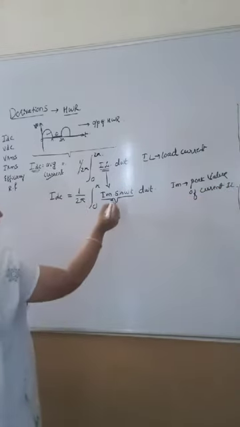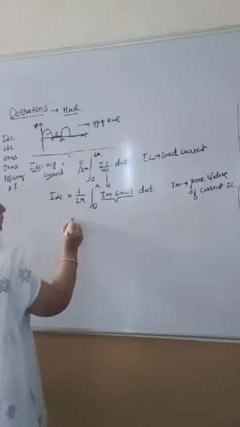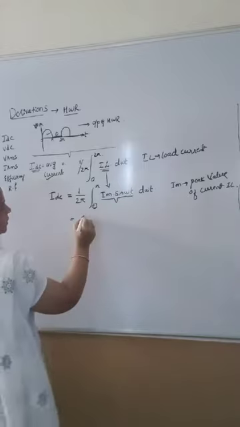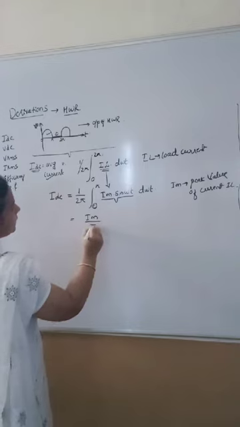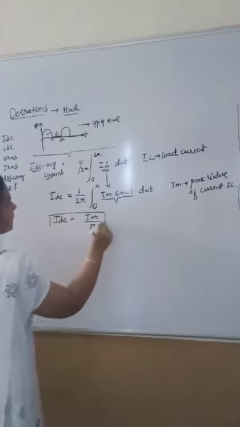If you integrate this over the limits 0 to pi, you are going to get Im by pi. So IDC is Im by pi.